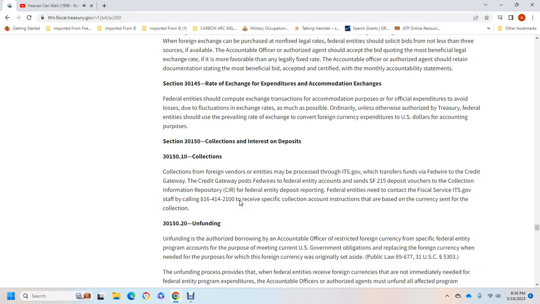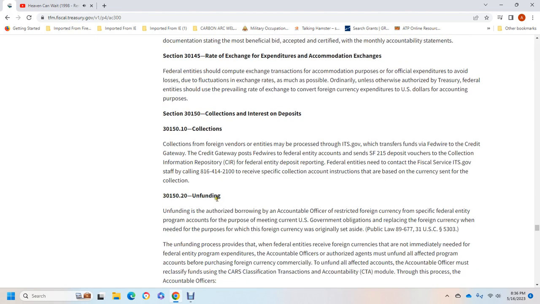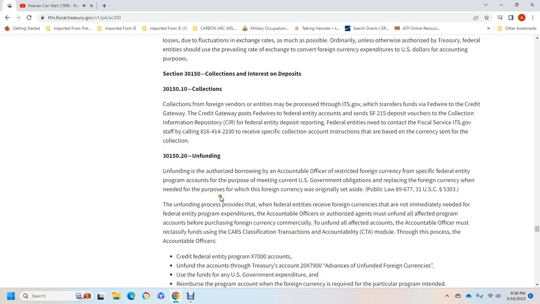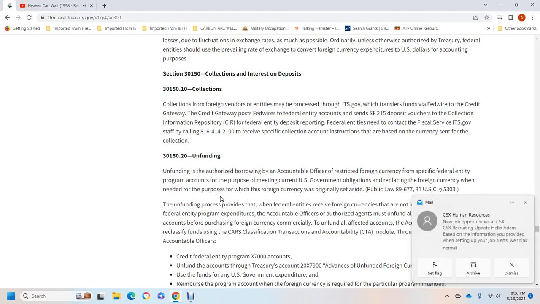Federal entity for the deposit reporting, federal entity with the contact official for the International Treasury Services of the government staff calling 816-414-2100, receive the bill for the collection account with the instruction of the base from the currency of the collection. 3150.20, funding authorized base borrowing with the accounting officer restricted with the foreign currency from the specified federal entity of the program and account for the purpose, meaning current use government obligation replacing foreign currency one with the need of the purpose of the foreign currency was originally set aside.